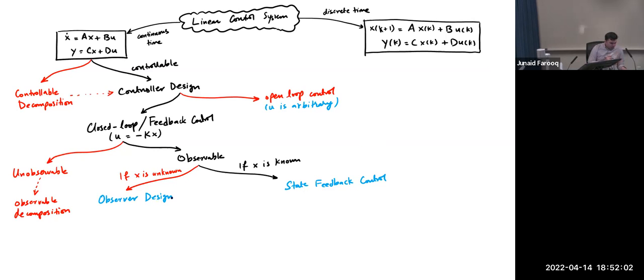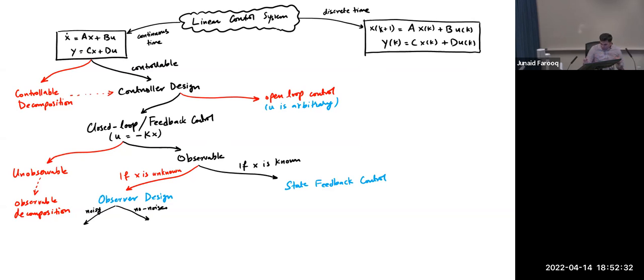Okay, so observer design again could be done in different contexts. The first context is when the system is noisy or the system is not noisy, so no noise.